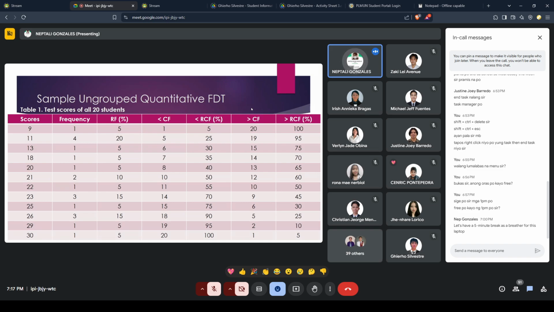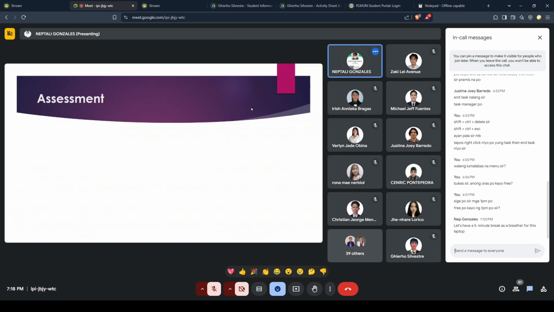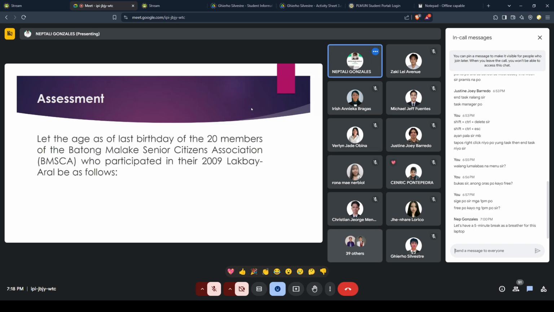So we just have constructed the ungrouped quantitative FDT. It's much easier than the quantitative grouped FDT. So for your assessment, I will be uploading this assessment after this discussion. Let the age as of last birthday of the 20 members of the Batong Malaki Senior Citizens Association, BMSCA, who participated in their 2009 Lakbay Aral be as follows.